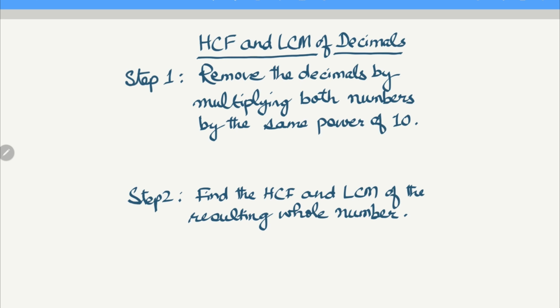How to find the HCF of decimal numbers? Again, the first step is we remove the decimals by multiplying both numbers by the same power of 10. Let's work this out with the help of an example. Let's say we have 1.2 and 1.8, and we have to find the HCF.